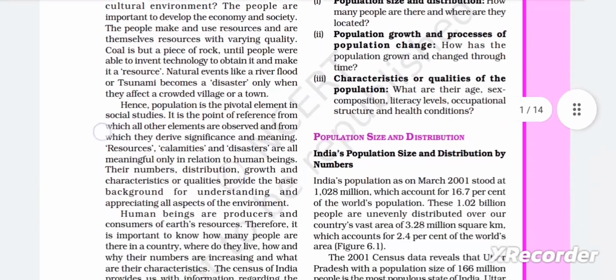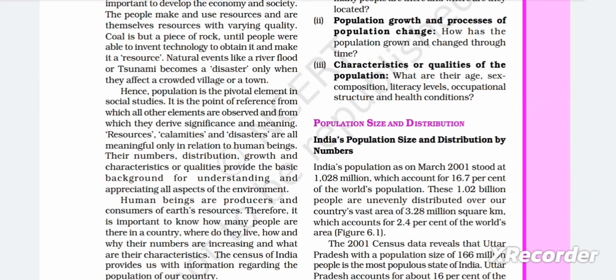Hence, population is the pivotal element in social studies, and this is the reason why we are reading it. It is the point of reference from which all other elements are observed and from which they derive significance and meaning.